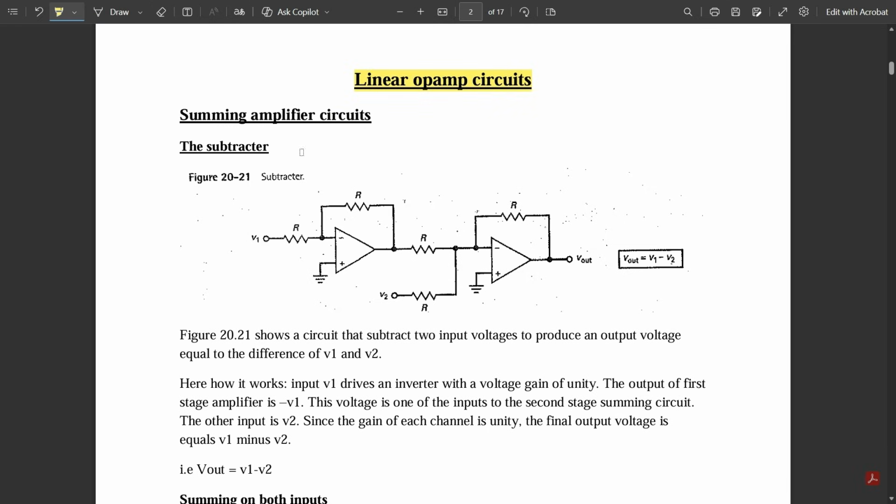Firstly you need to see the summing amplifier circuit, how it is written, and with respect to that what relationship is obtained based on the summing amplifier. The circuit here, this is the figure of a simple subtractor which uses two amplifiers. These are the two amplifiers used here.